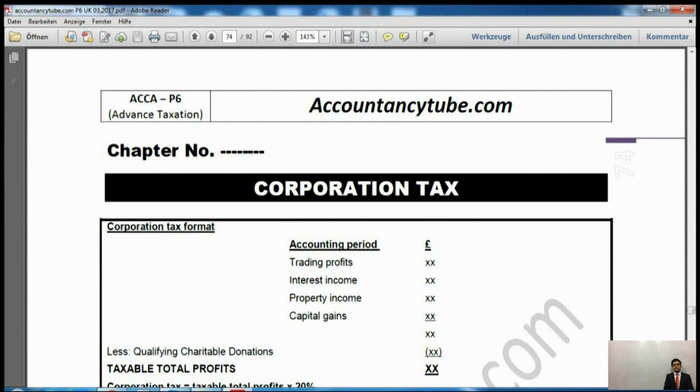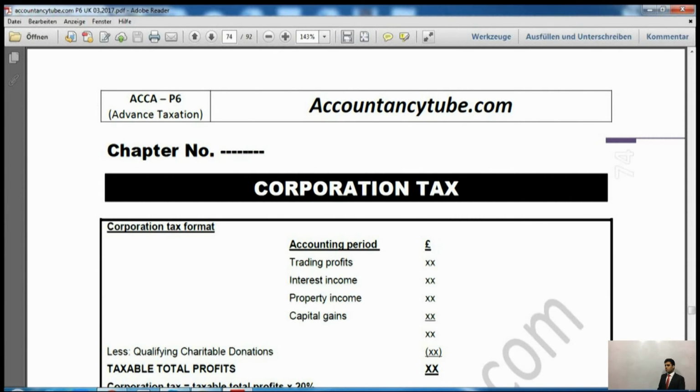The accounting periods which are more than 12 months long are called longer accounting periods, so ones which are longer than a normal accounting period. A normal accounting period is 12 months long, isn't it? So if it is more than 12 months long, it is called a longer accounting period. However, if it is shorter than a normal accounting period, say for example less than 12 months, then it would be called a shorter accounting period.